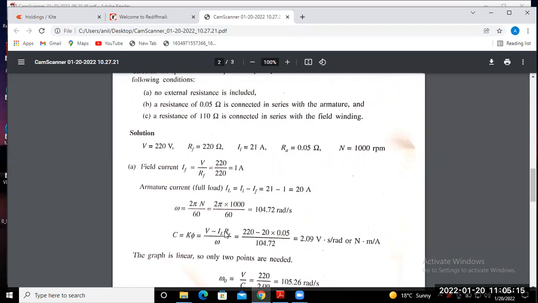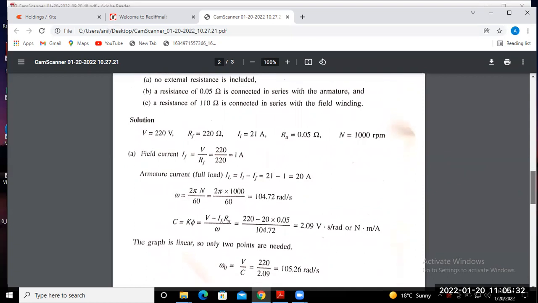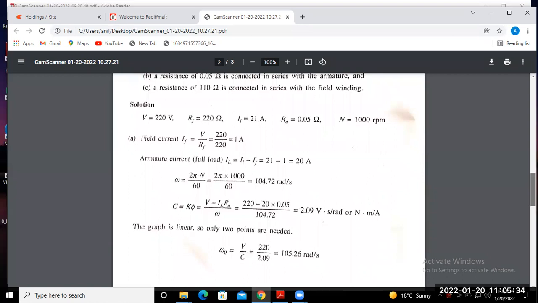Actually this resistance is Ra plus R rheostatic, so we only put the Ra value, that is 0.05. The no load speed calculated is 105.26 radian per second.